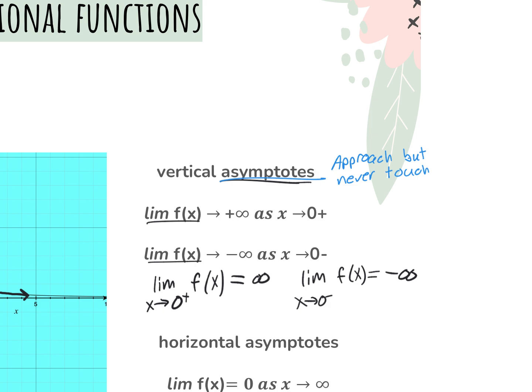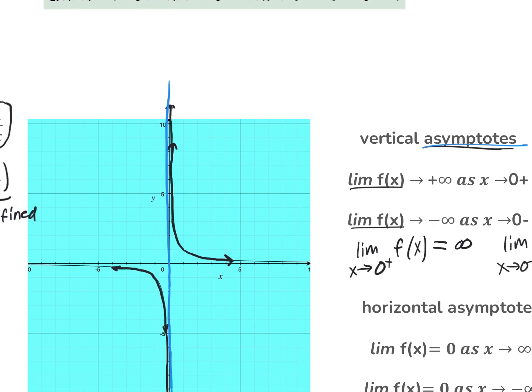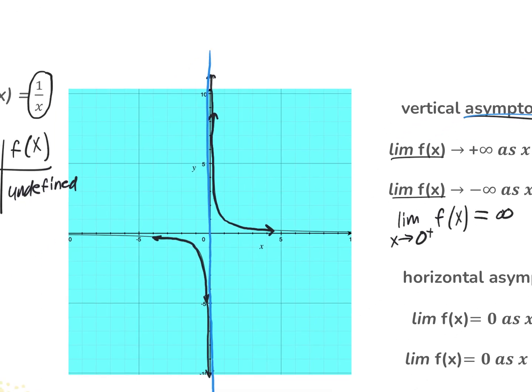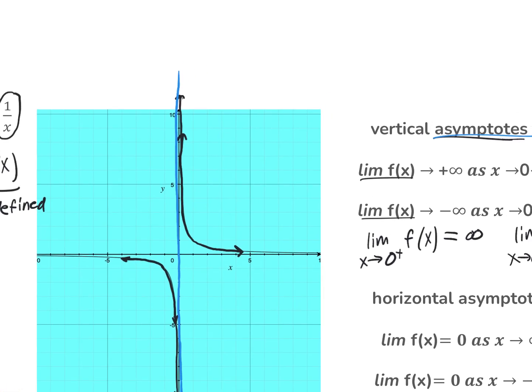Horizontal asymptotes, sometimes you can cross, but as you tend towards a certain value, it's going to get really, really close to that line. If I were to zoom out, I wish I could show you guys, but in class I'll open up a Desmos graphing calculator and show you, as you zoom in super close towards 0, you go really, really up towards infinity.